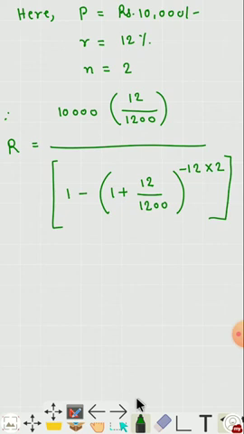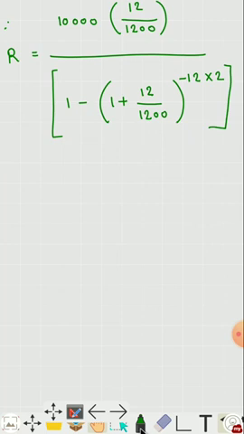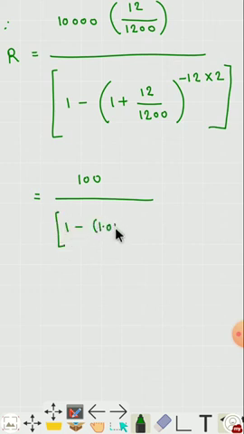So we try to simplify this expression, and after simplifying what we get is, in the numerator there will be only 100, whole divided by 1 minus 1.01 raised to the power minus 24 bracket complete.